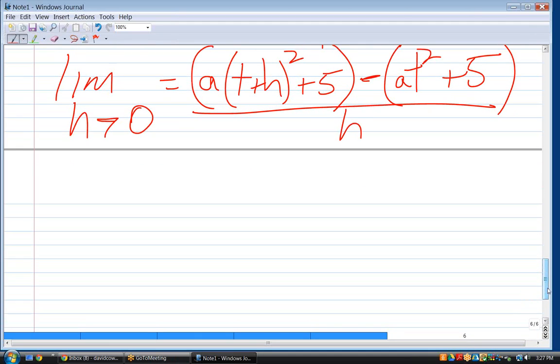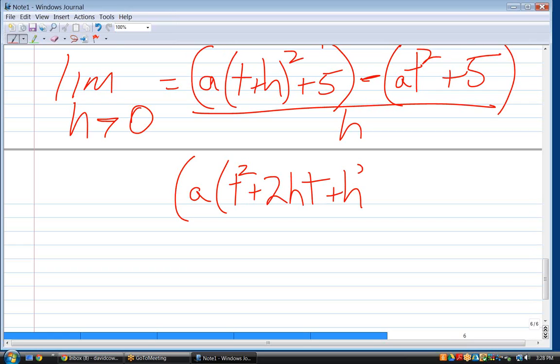So, what's the numerator become? Let's multiply this out. So that becomes a times t squared plus 2th plus h squared.